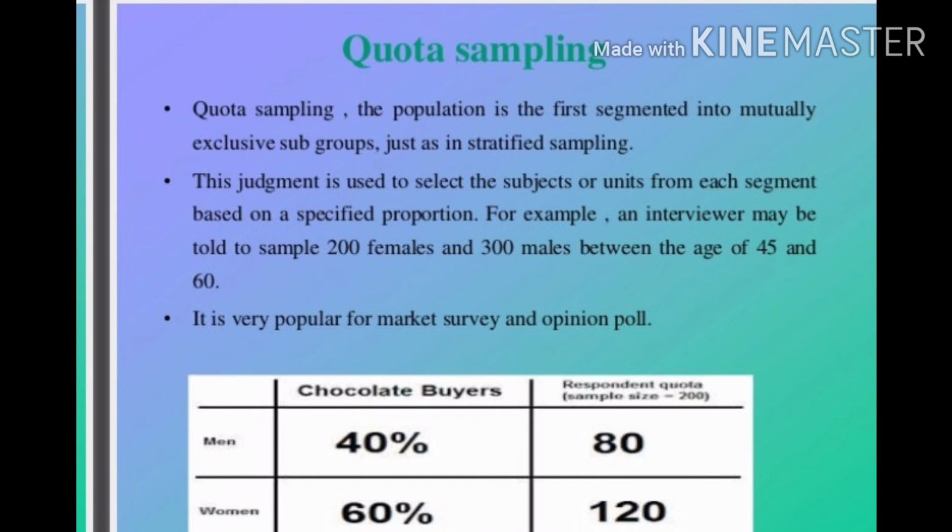It is very popular for market surveys and opinion polls. In the chart you can clearly understand: they have told us a quota for the 45 to 60 age group, so we must select between the ages of 45 and 60.